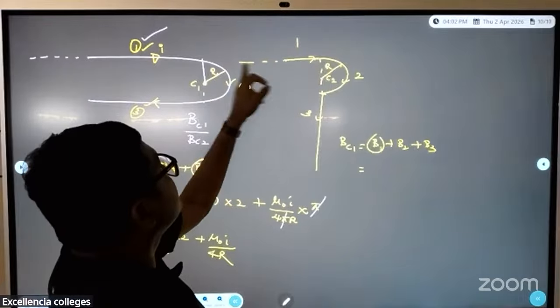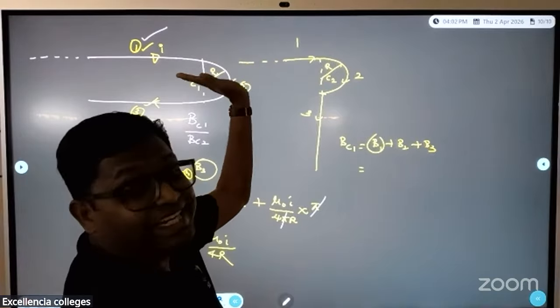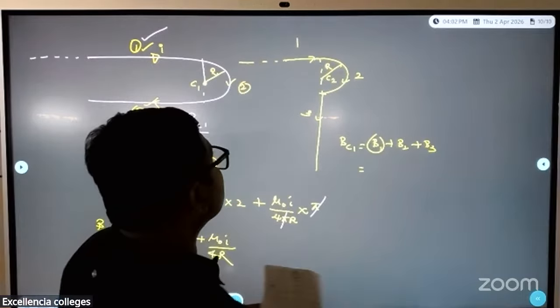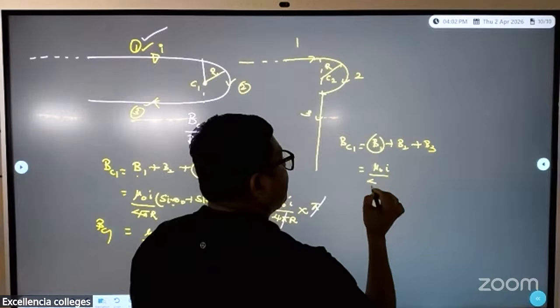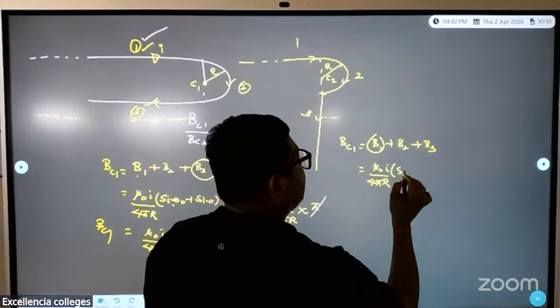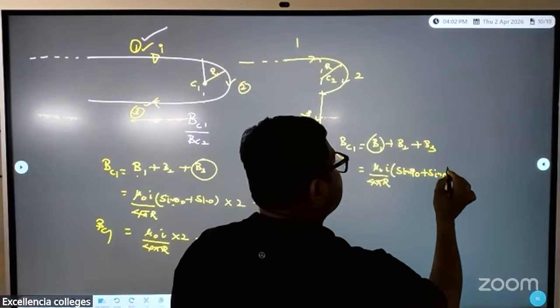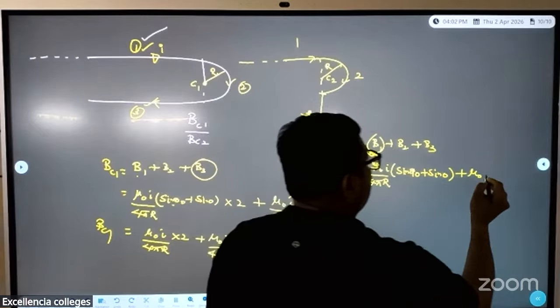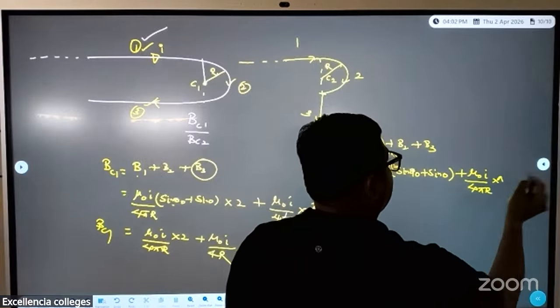Theta 1 extends to 90 degree, theta 2 is again 0. So you can write mu naught I by 4 pi r into sin theta 1, plus mu naught I by 4 pi r into pi for the arc.